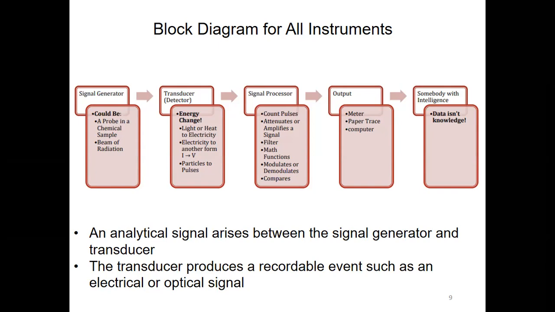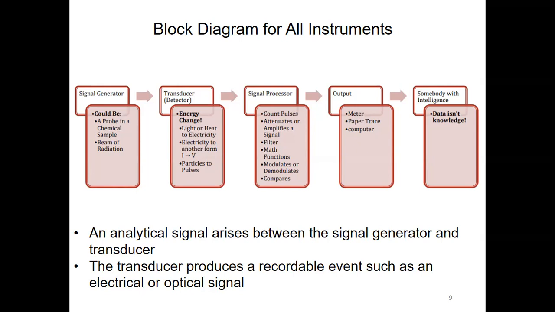And the signal processor. After the transducer converts the energy, there is a signal processor and it processes the signal. The analytical signal is either filtered to remove unwanted things, or amplified, or modulated, or attenuated. All these things are done using a signal processor.